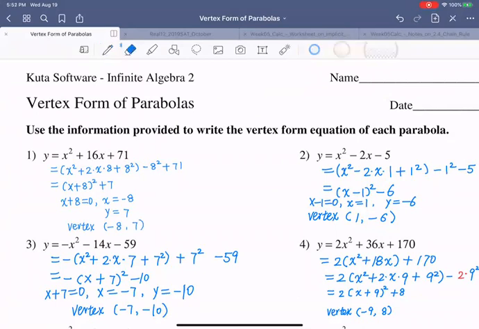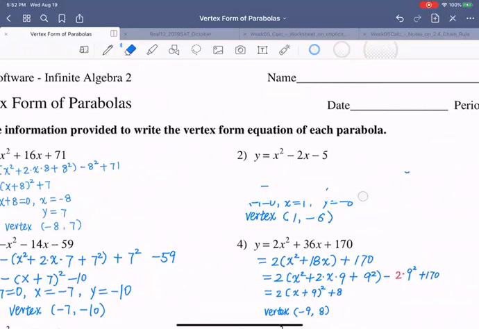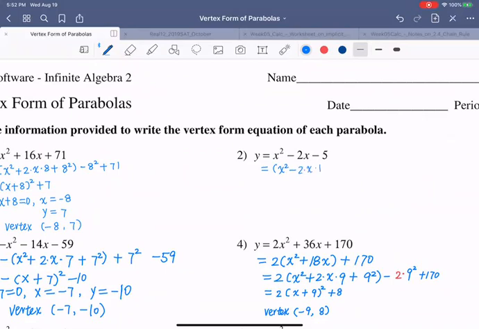Now Angela, it's your turn. Second one. Go ahead. So x squared, parentheses x squared minus 2x times 1 plus 1 squared, parentheses minus 1 squared minus 5.